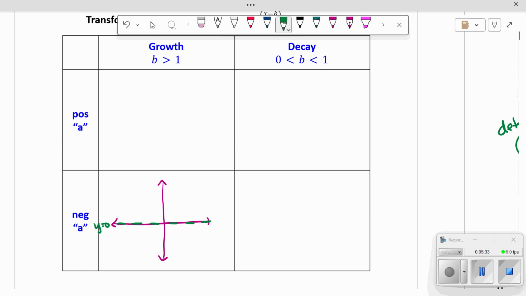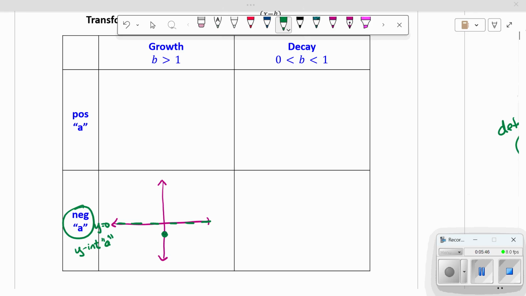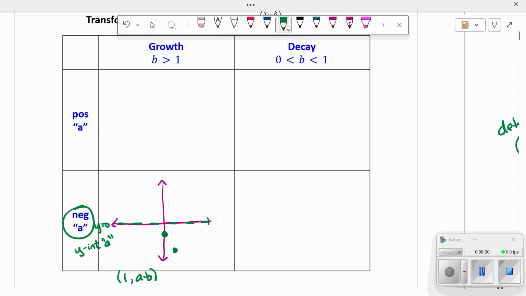My y-intercept starts at a, but if a is negative, that means my graph goes here. So I have 0 comma a. Then if I do 1 comma a times b, and b is some positive number, that's going to be bigger, but positive times a negative is still negative. So negative growth is going down faster and faster. And again, don't cross the asymptote.